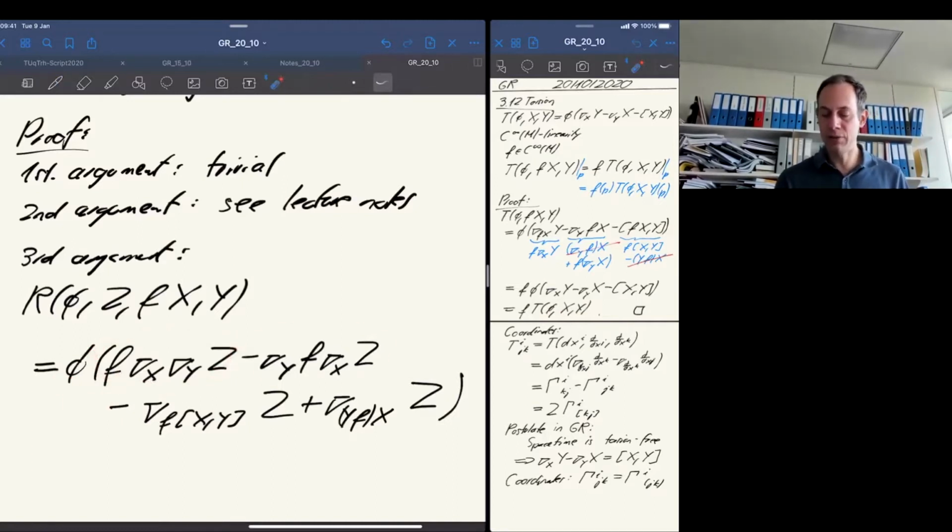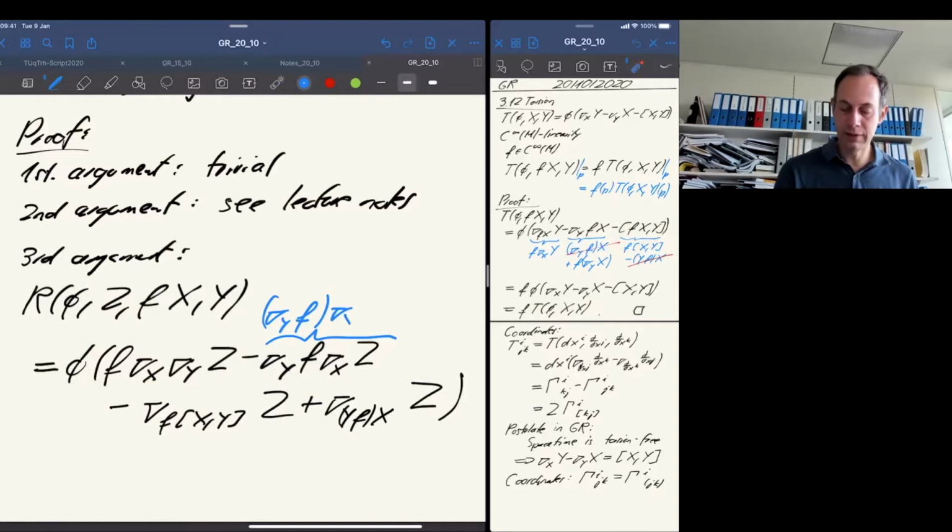Here, however, I have to apply a product rule because the derivative in direction y acts on f times another vector here. So let's do that. So this whole term here is first of all the derivative applied to f only, and then the derivative of x in the direction of x of z.